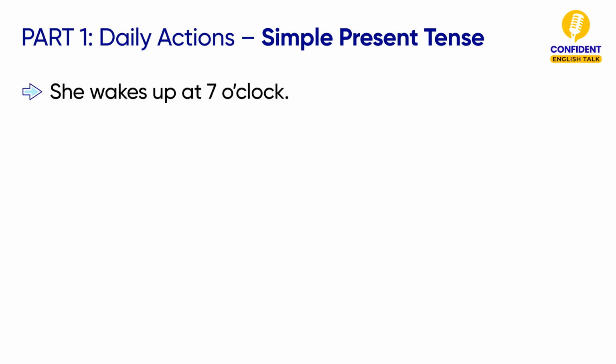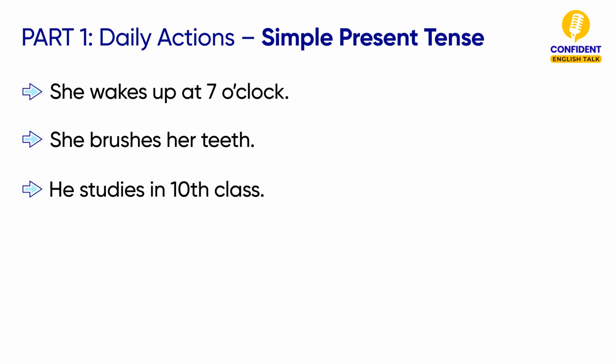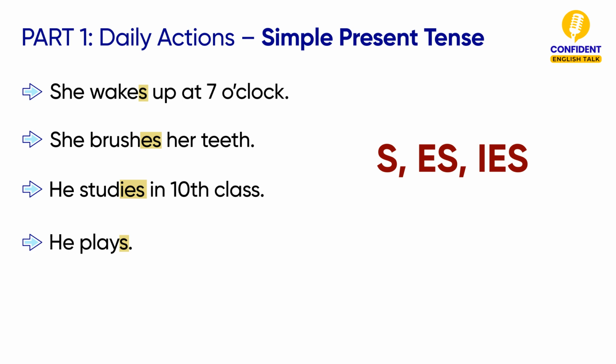She wakes up at 7 o'clock. She brushes her teeth. He studies in 10th class. He plays. Here, we have added S, ES, or IES with the verb. Do you know why? Let's learn that now. This part is very important, so listen carefully.